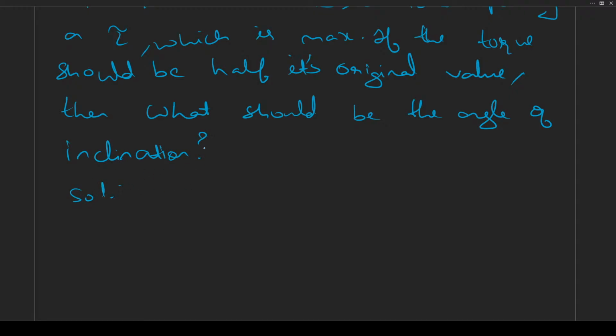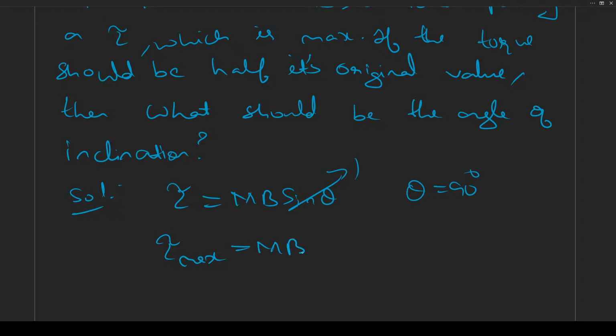Solution. They're asking at what angle theta the torque will be half of its original value. We know tau equals mB sine theta, and it can only be maximum when theta equals 90 degrees, where sine becomes 1, so tau max equals mB.